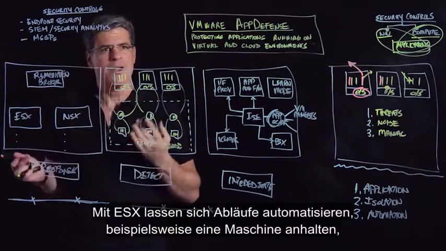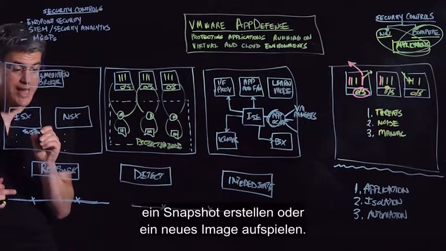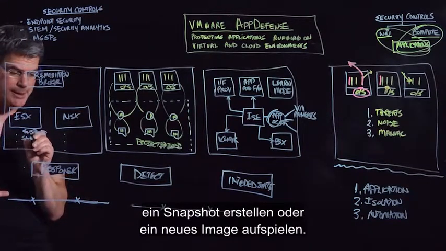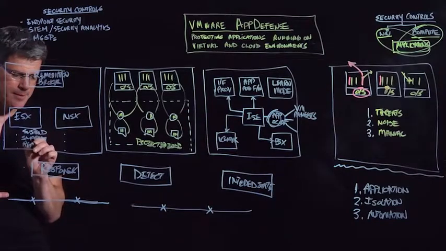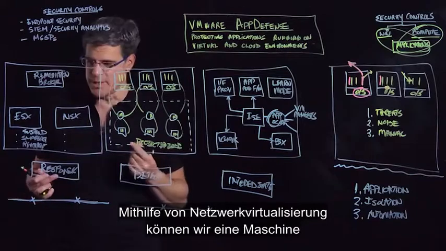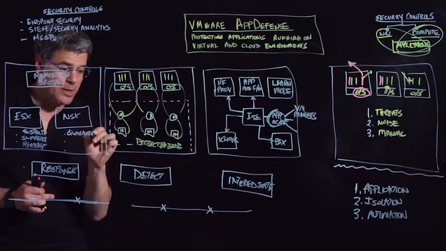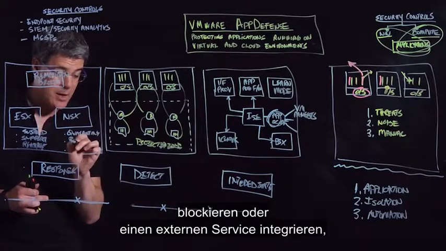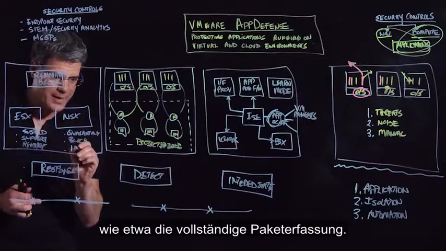With ESX, we can automate things like suspending a machine, snapshotting a machine, or re-imaging a machine. With network virtualization, we could do things like quarantine a machine, block a network connection, or insert a third-party service like full packet capture.